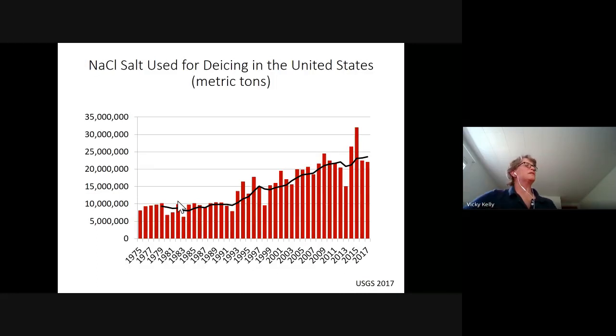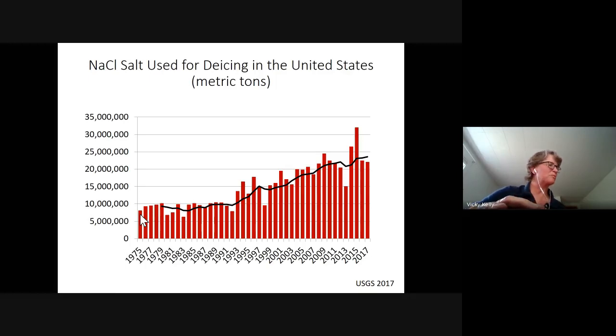So what has happened since the 1970s? This is a graph that shows the total amount of salt used for de-icing in the United States for each year from 1975 through 2017. And there's two things to note. First of all, in the 1970s, the total amount was just about 10 million metric tons.